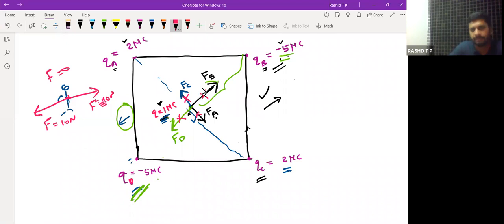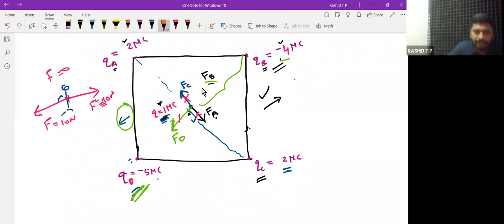These and these cancelled. If suppose this charge, that is the charge placed at the point B, is minus 4 microcoulomb, then the situation would be different. That is, this arrow that you have drawn here should not cancel.